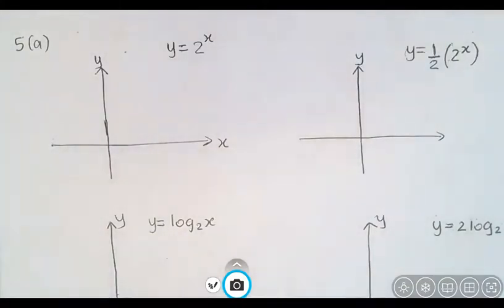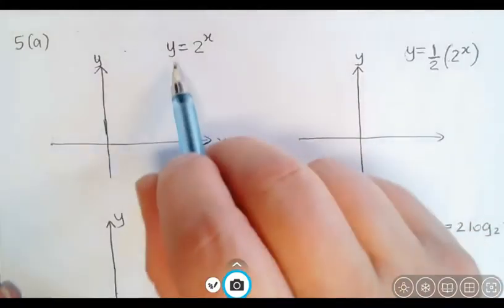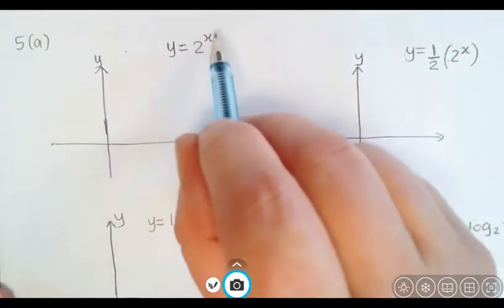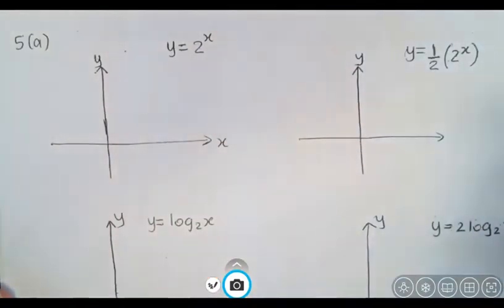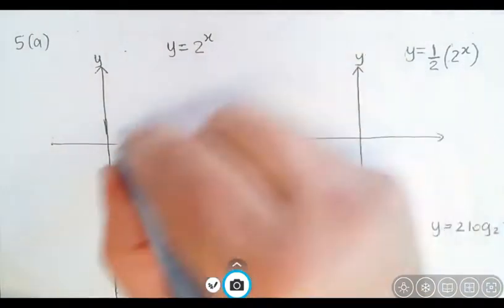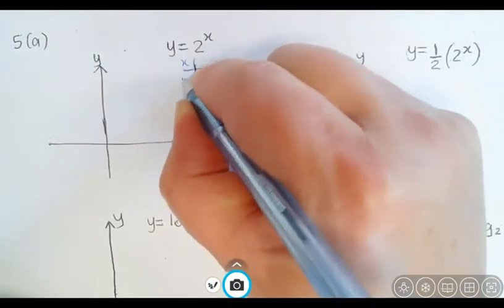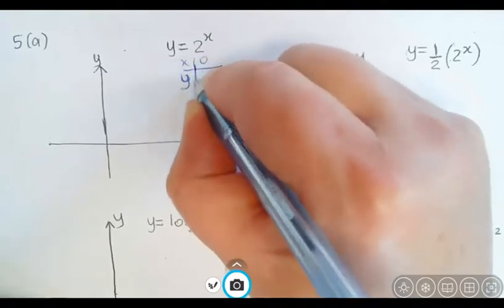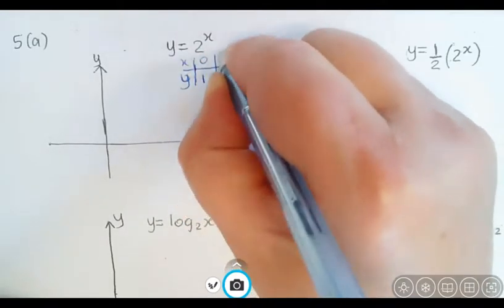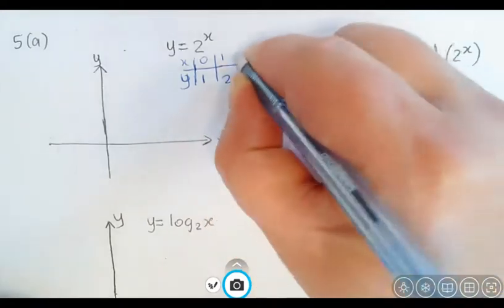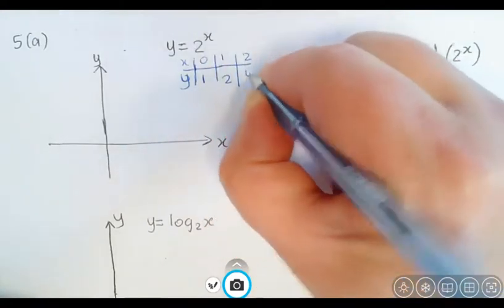Just a few more questions here. So looking at y equals 2 to the power of x, which is an exponential function, and y equals 1/2 times 2 to the power of x. So just looking at a quick table of values, when x is 0, 2 to the power of 0 is 1. When x is 1, y is 2. And when x is 2, y is 4.